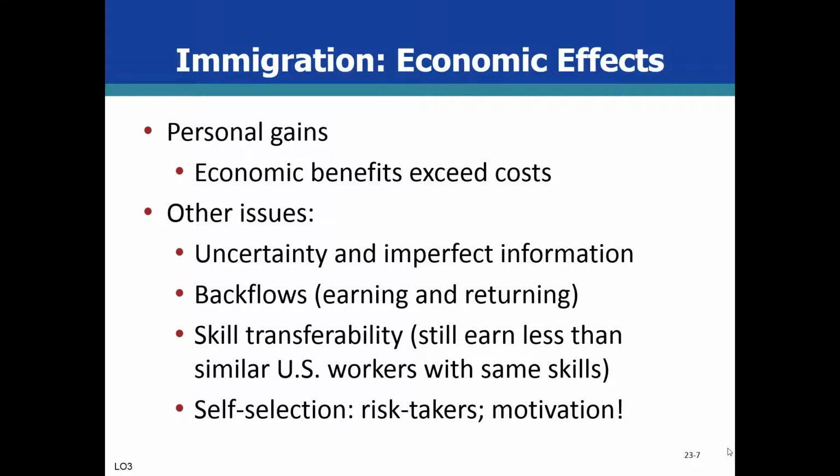The information about wages and costs and even real job opportunities is imperfect. The gains can be substantial, but they may not be maximized. There is uncertainty and imperfect information.